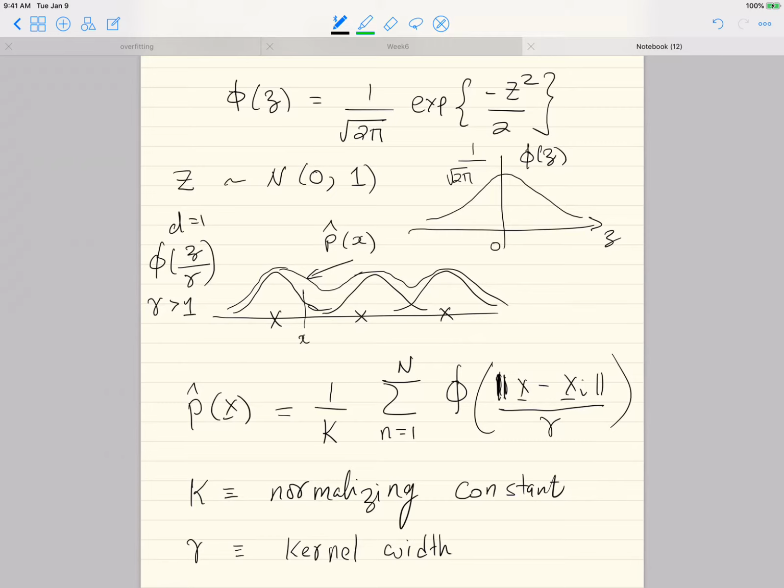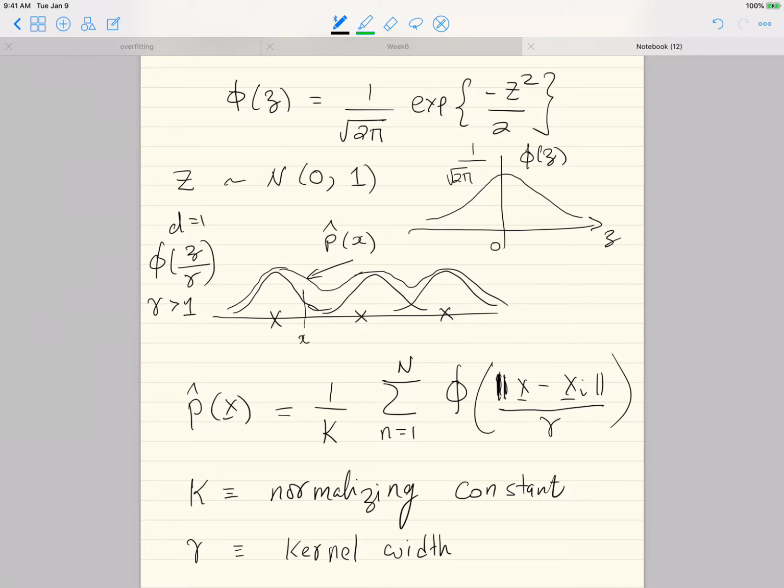So in this figure, you have 3 data points: this will be x1, this will be x2, and this will be x3. And what you are doing is putting this phi function at the center of each data point, and then summing it up. So this expression here is just mathematically representing what is being done in this figure.